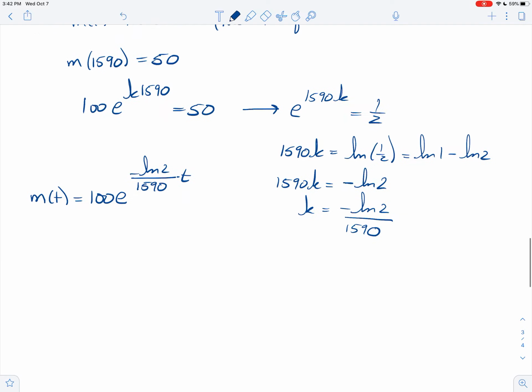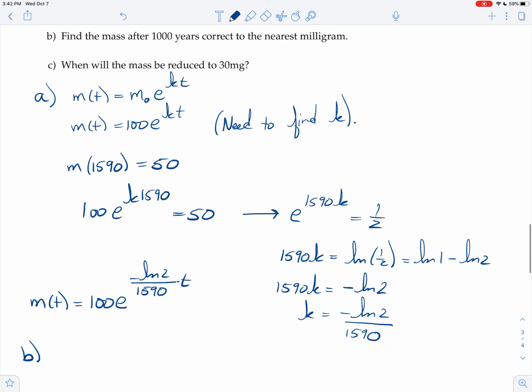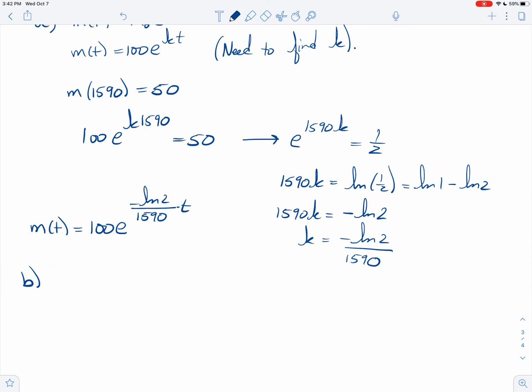Okay, part B. Let's scroll back up and read it together. It says, find the mass after 1,000 years, correct to the nearest milligram. And so you're quite literally just plugging in m of 1,000, and you're going to get 100 e to the minus ln of 2 times 1,000 over 1590.